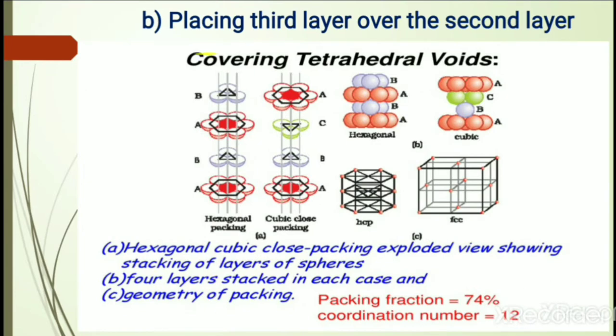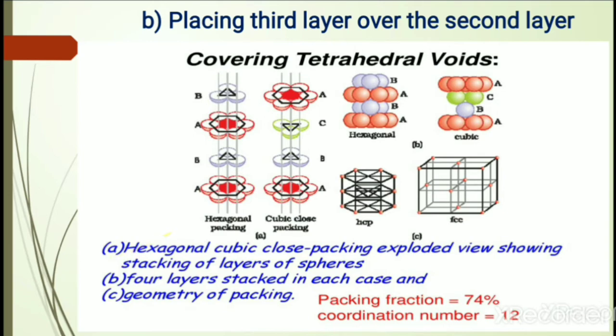Next, placing the third layer over the second layer. When the third layer is placed over the second layer, there are two possibilities: covering the tetrahedral voids and covering the octahedral voids.